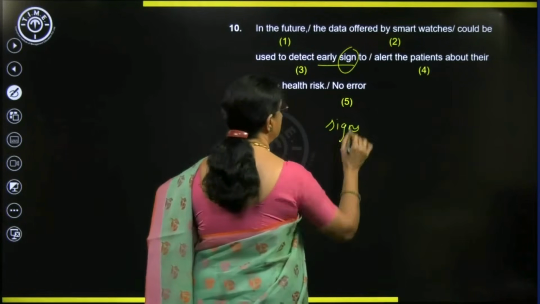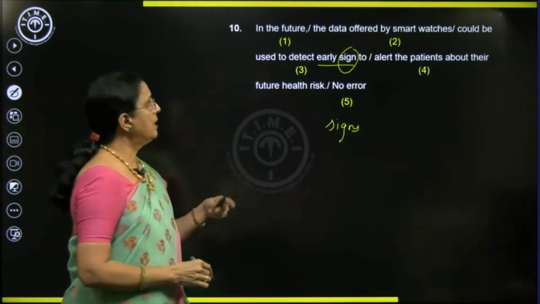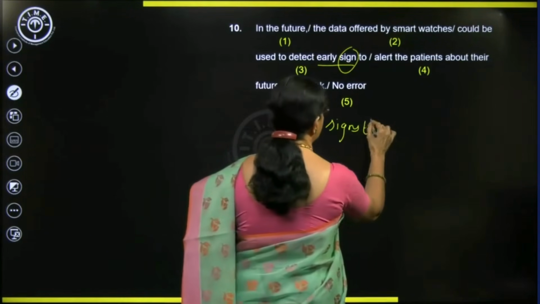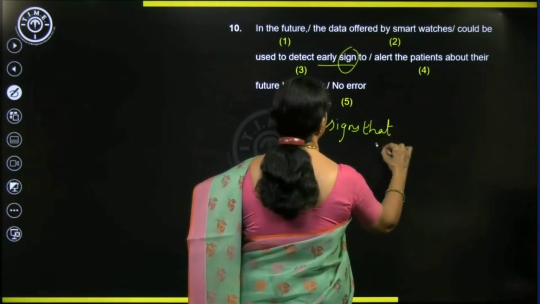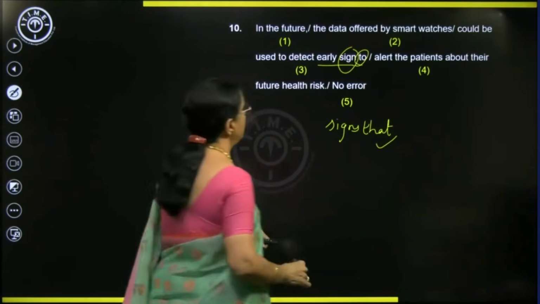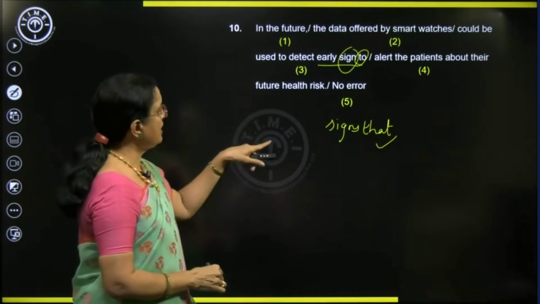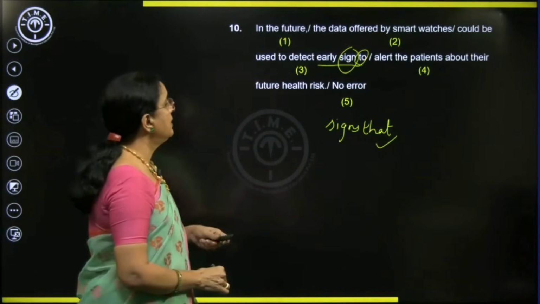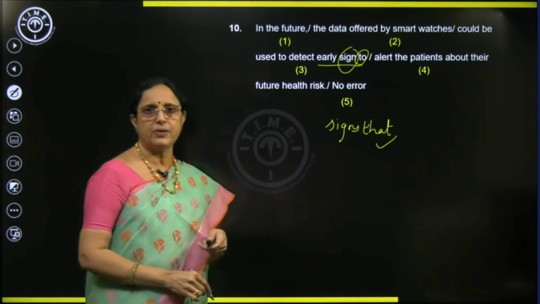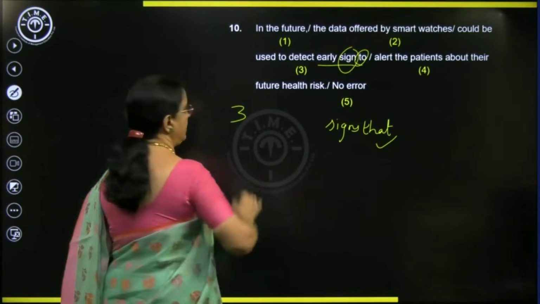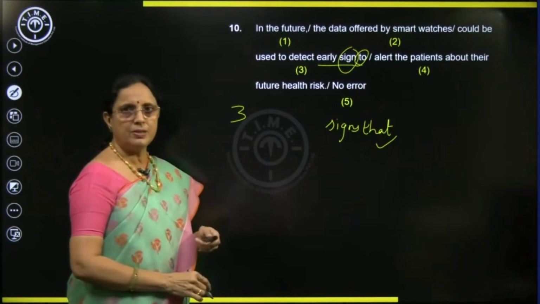To detect early signs to alert, or early signs that alert the patients about their future health risk. So, early signs that alert, so that even that is wrong. So, used to detect early signs that alert the patients about their future health risk. Is that clear? So, our correction is 3. Error is in 3. Understood?